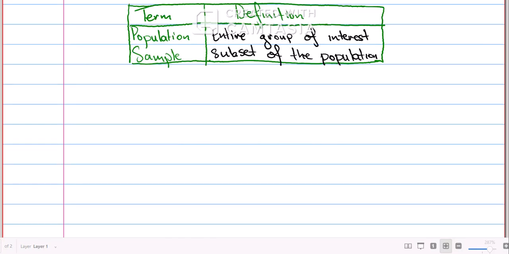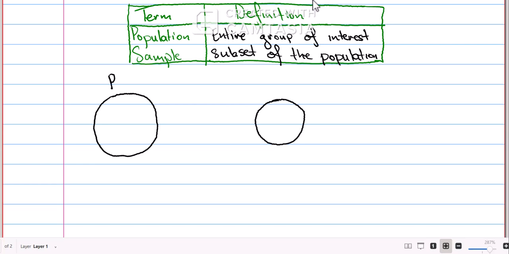So let's visualize this so it can make a bit of sense. Let's consider this as our population and this one is our sample. We can name this P for population and this S for sample.